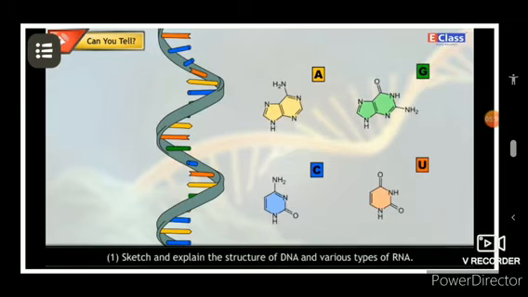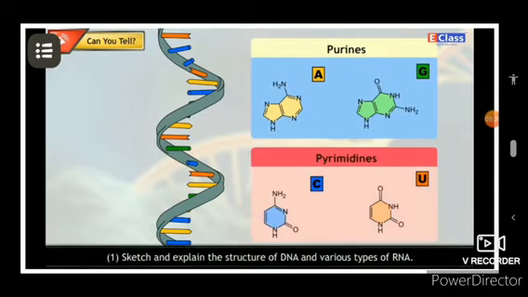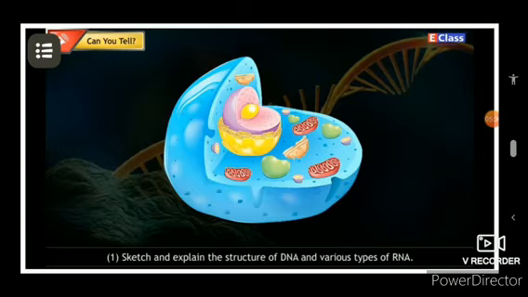Adenine, guanine, cytosine, uracil is used. Purines contain adenine or guanine. Pyrimidines contain cytosine or uracil. We observe this structure.